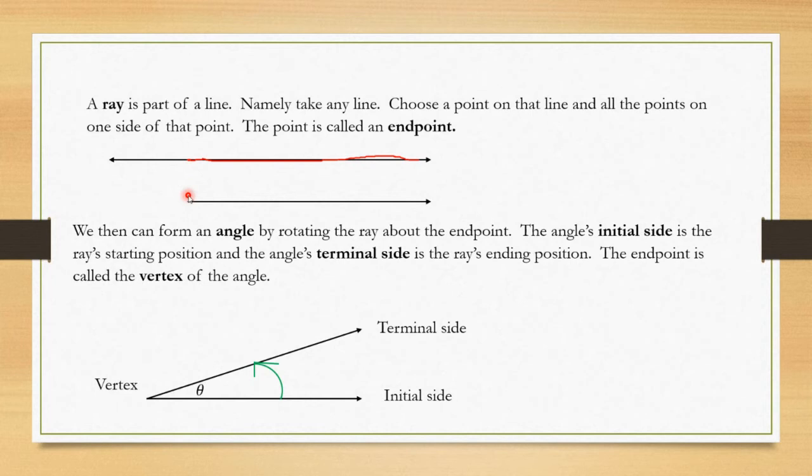Now, from a ray, we can form an angle. Namely, we take that ray and rotate it about the end point. You can imagine taking this ray and rotating it about the end point here. Doing so, you're going to end up with this picture.